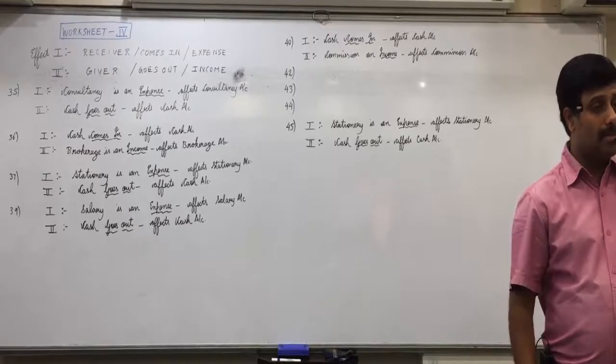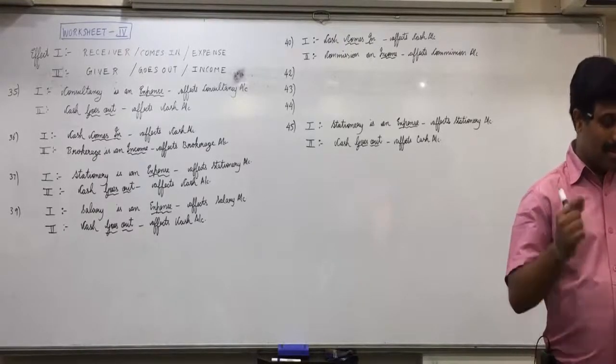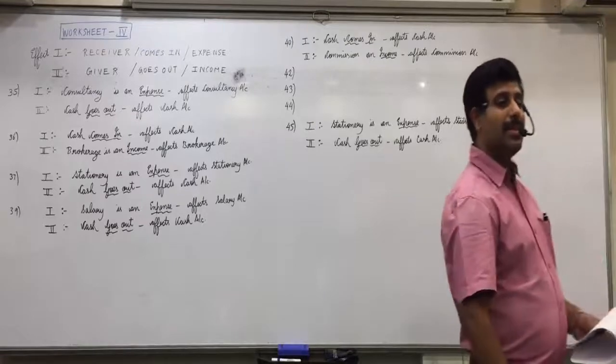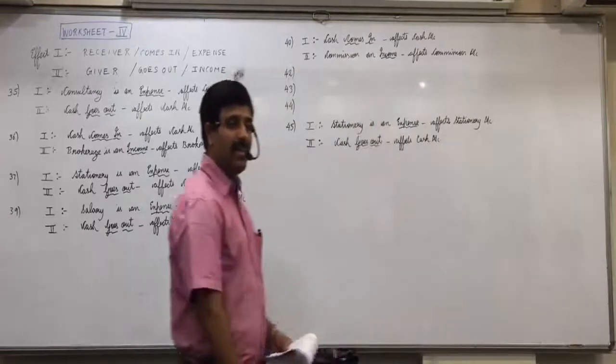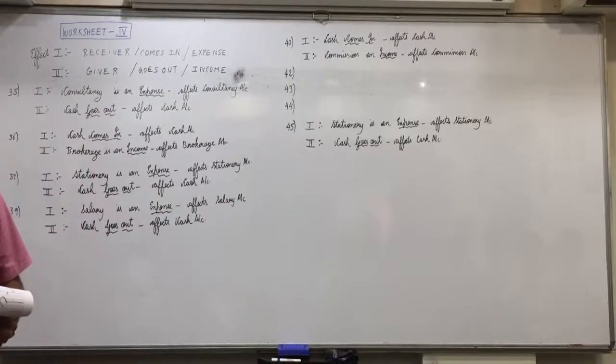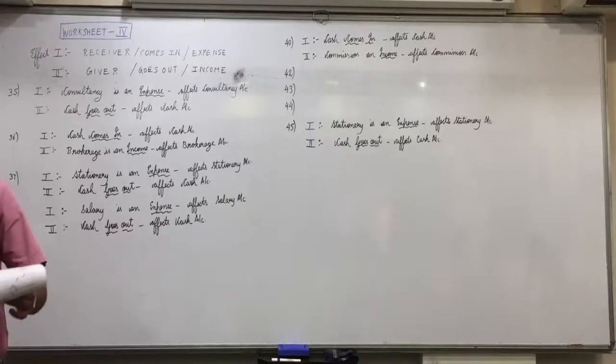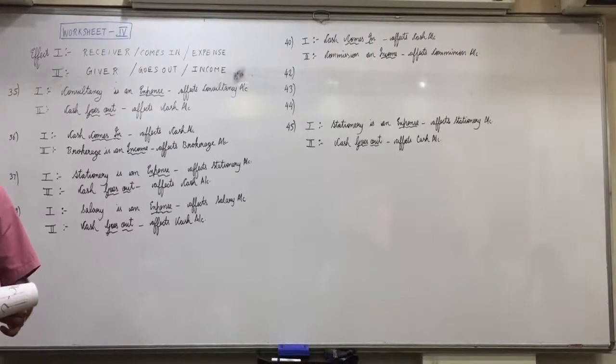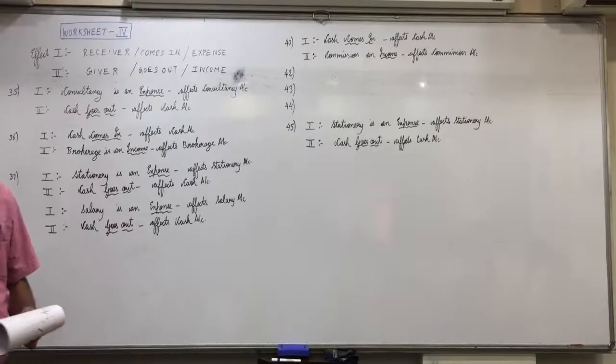Nothing comes in. Don't say salary comes in. What is an expense? Salary is an expense. And effect 2? Cash goes out. So keep it in mind, we cannot write Munim as the receiver because it is a cash transaction. We don't have to remember to whom we have paid the money.